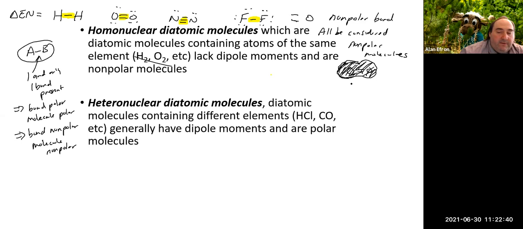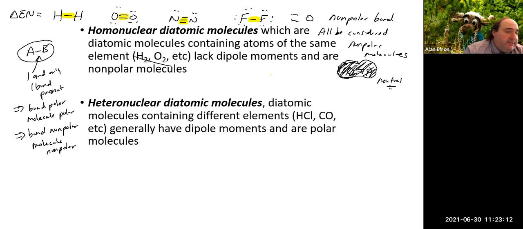Overall, this would be considered a neutral molecule. There is no side that's more positive and no side that's more negative. We have equal sharing of those electrons, and it's going to create a pretty neutral environment. They definitely would not have a dipole moment in this case. There would be no arrows drawn because they're nonpolar. Any questions on that?